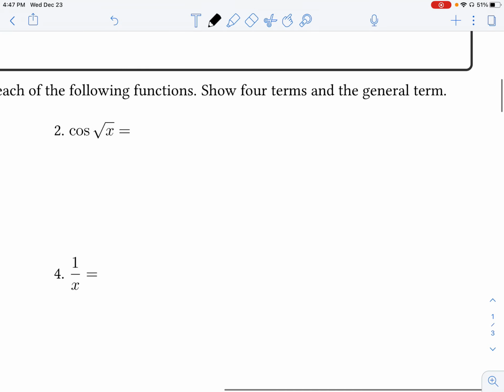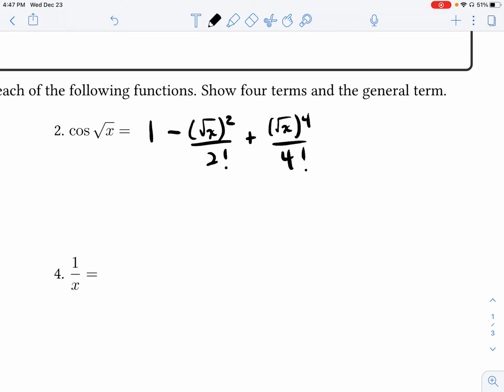The first term is 1, minus, and we're going to square our variable, in this case root x squared over 2 factorial, which would just be x, plus root x to the 4th power over 4 factorial. And you see over and over again what's going to be happening. Then we have root x to the 6th power, which is just x cubed over 6 factorial. We're going to just keep doing that.